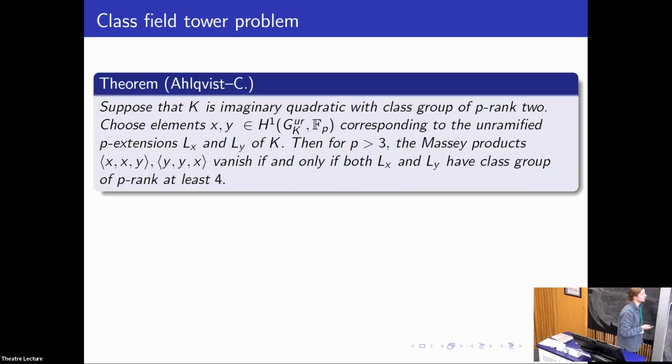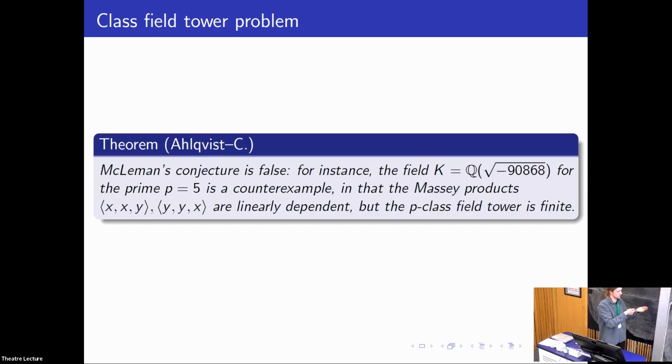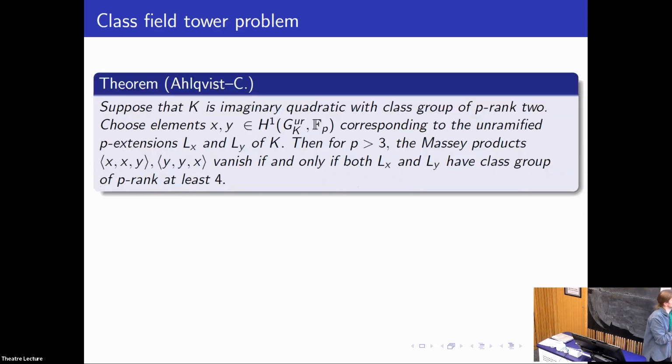And then Eric and I further showed a connection between the Massey products and when the p-class field tower is infinite or not. We also show the following, which gives some understanding of infinite towers for quadratic imaginary fields. The theorem is that suppose that K is imaginary quadratic and the class group has p-rank 2. Choose elements x and y which form a basis of H1 of G_S with coefficients F_p.